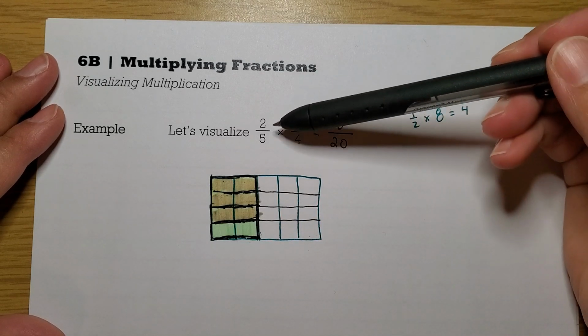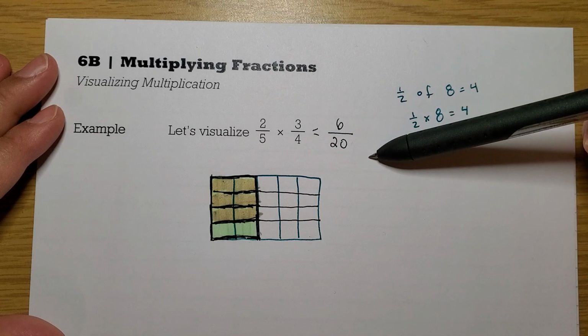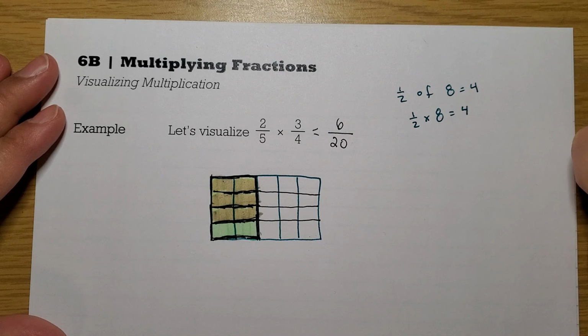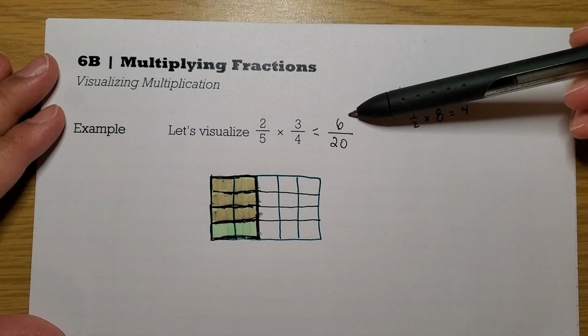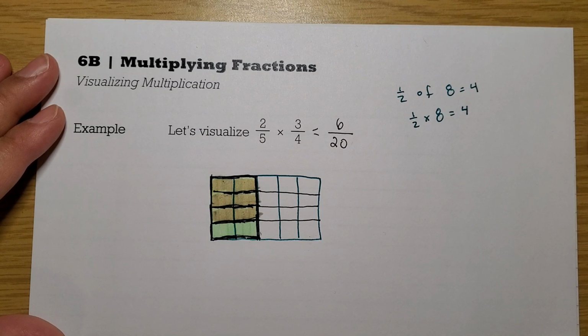And so you end up just multiplying the tops and the bottoms. Both the top and the bottom change in multiplication, so you don't need a common size piece. We didn't need common denominators to multiply. That's something you want to bear in mind when you're going back and forth between multiplying and adding. They're going to have a very different set of rules.